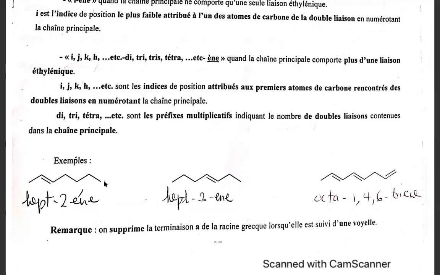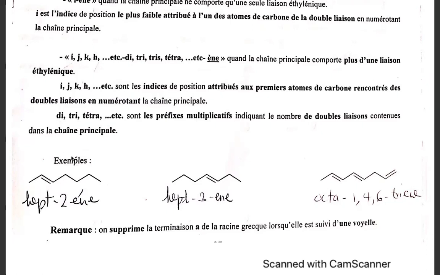Now, in the case where you do not have a substituent, you go to the position of the double bond. So like I said last time, the double bond will always have preference if you have a double bond and you have an alkyl group or any other substituent. The double bond will get preference. This one will be the first thing you're going to look at.